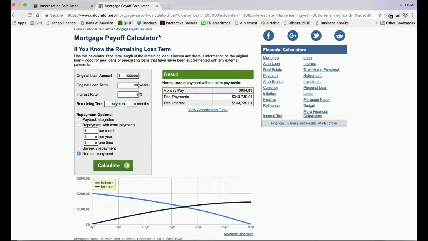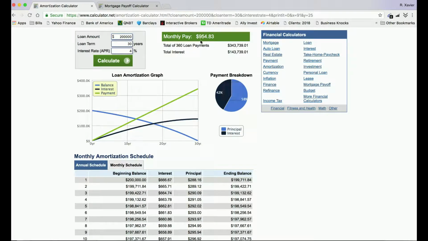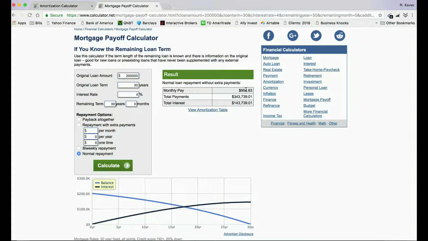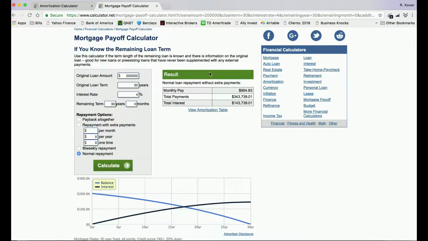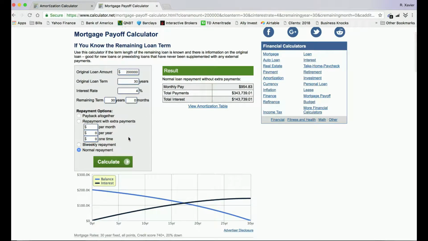What are the implications of that? These numbers should look familiar in terms of monthly payment, $954.83, total interest, total payments. Those should match up.